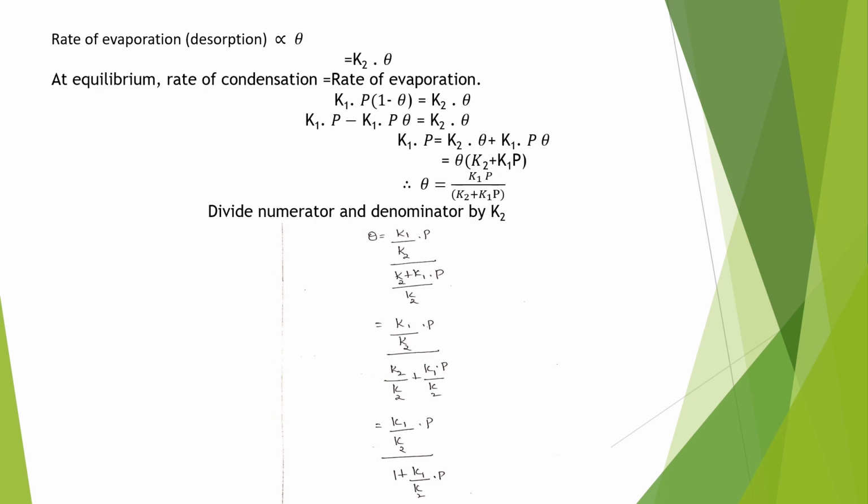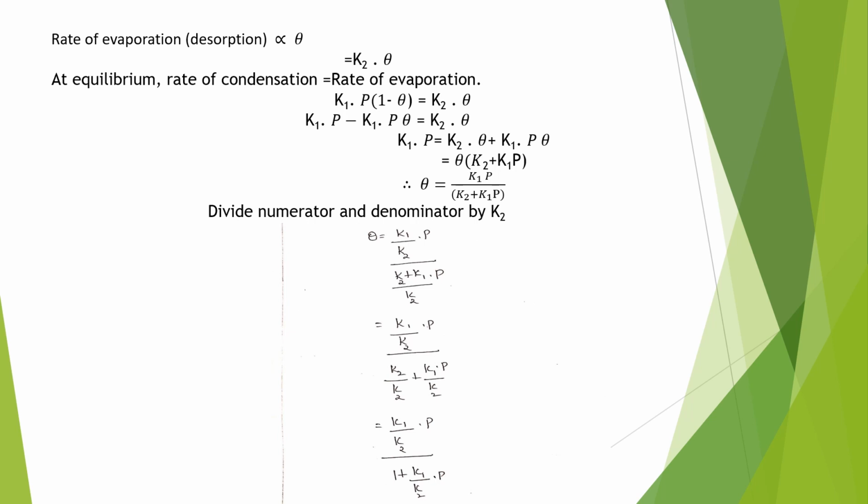Okay. So again I am repeating, students, at equilibrium rate of condensation is equal to rate of evaporation. So kindly take your notes and pen, write down step by step, then only you can understand this derivation easily. So rate of condensation, we got it as K1 into P into (1 minus theta). Rate of evaporation, we got it as K2 into theta.